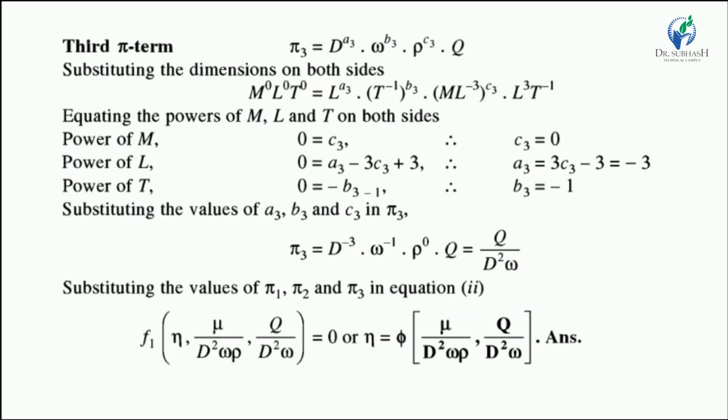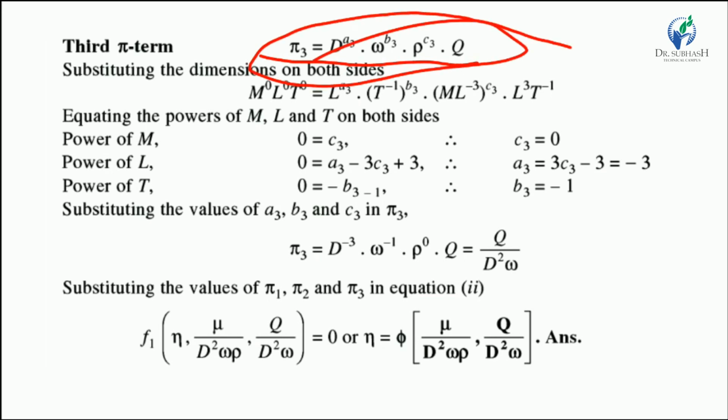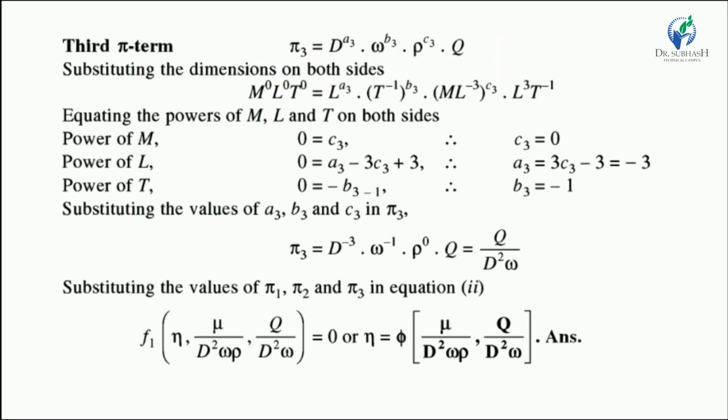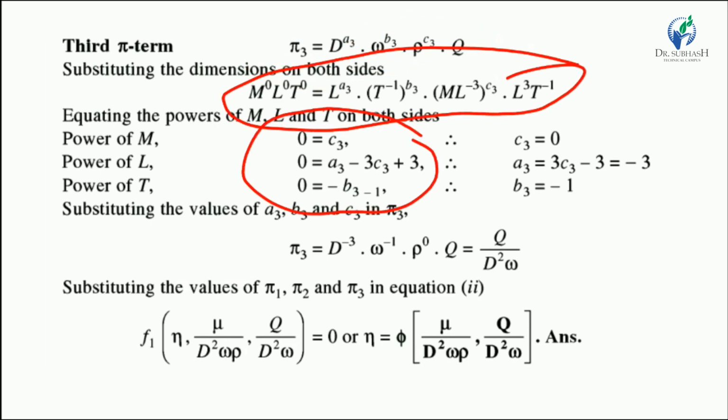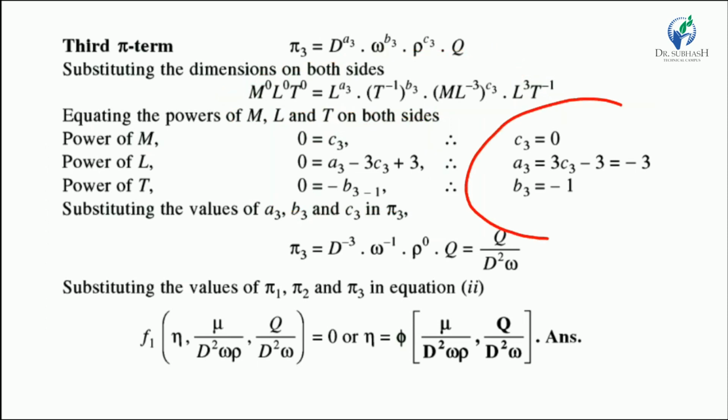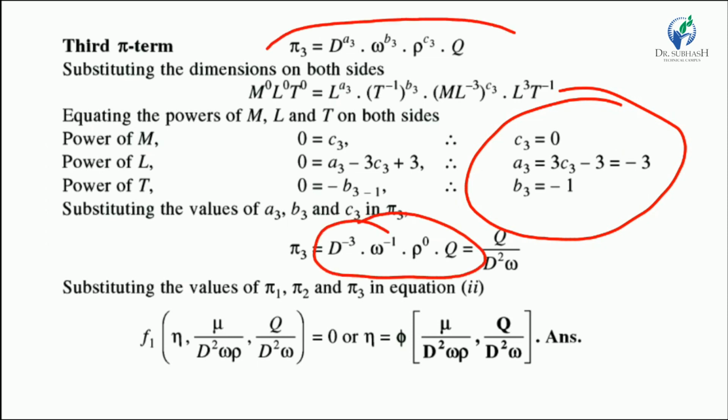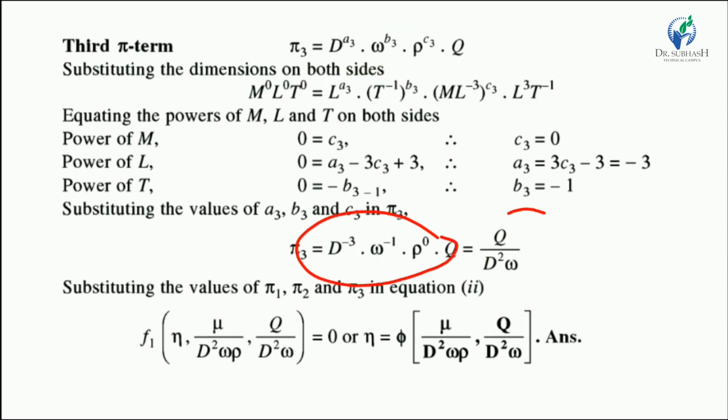Similarly for the pi3 term, write the pi3 term variables in MLT form, compare the MLT on the left side and right side, and find the values of the arbitrary powers A3, B3 and C3. Write the values of A3, B3, C3 in the pi3 term equation and, according to the powers, rearrange the variables: Q upon d square into omega.